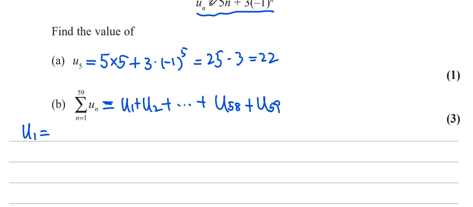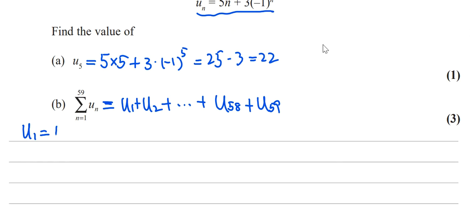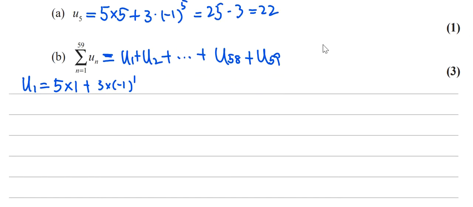Let's come back. Look at how Un is defined. It is defined by this. So U1 should be 5 times 1 plus 3 times -1 to the power of 1. And U2 is 5 times 2 plus 3 times -1 to the power of 2, right?